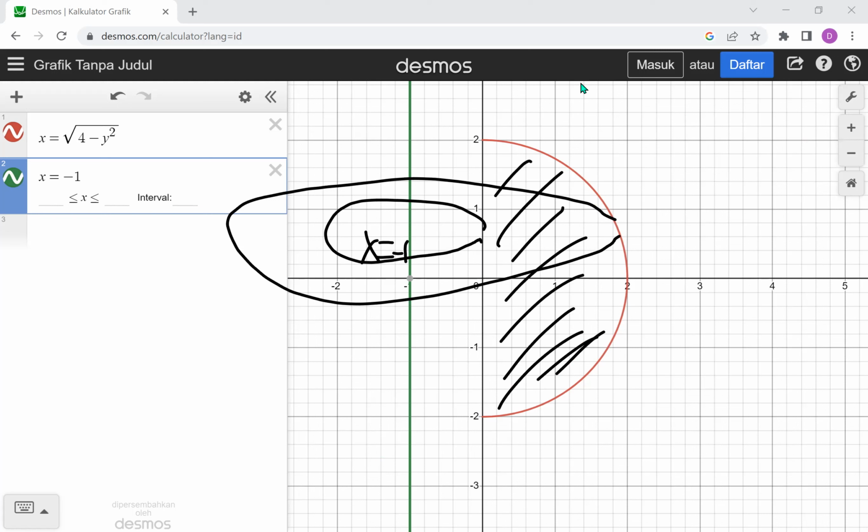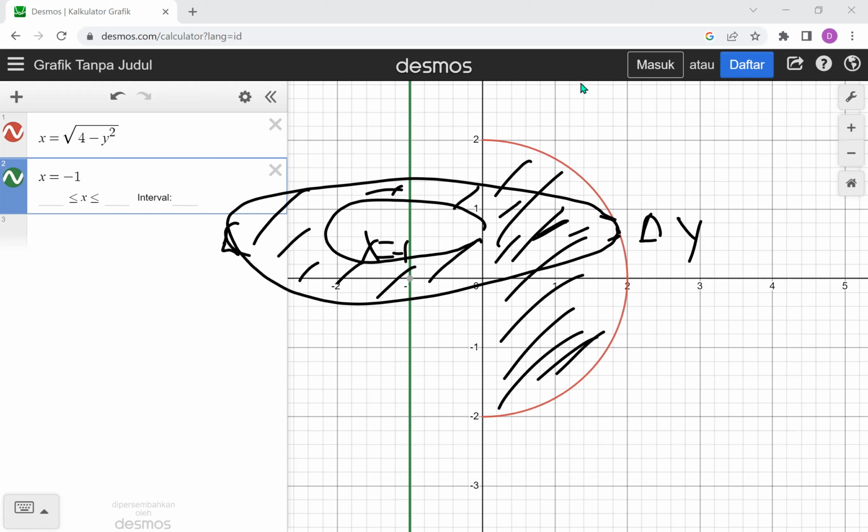So the slice of the solid will be a thin cylinder. The approximate volume of the thin cylinder is the thickness delta y multiplied by the area of the base, right? Do you understand up to this point?